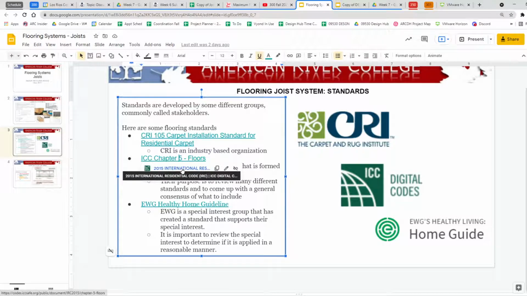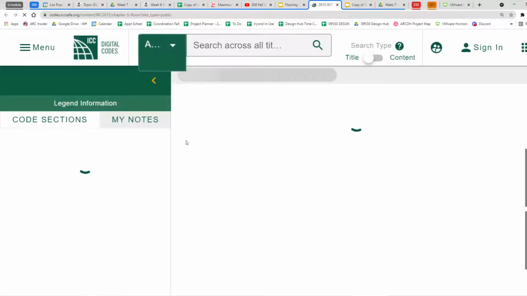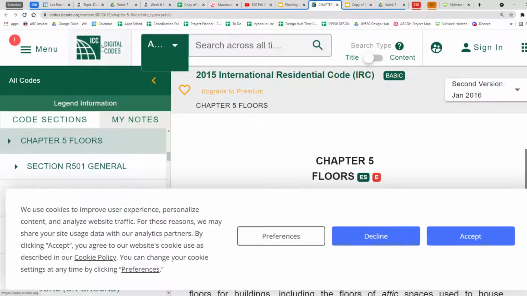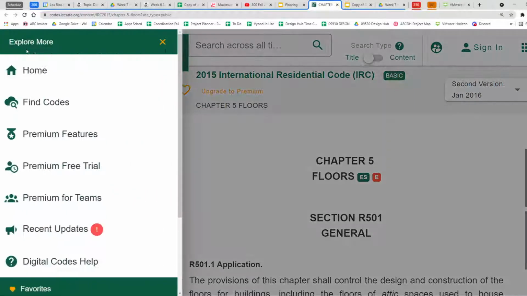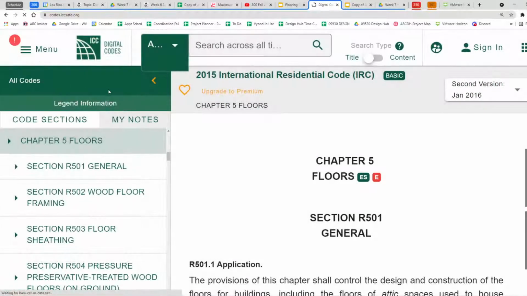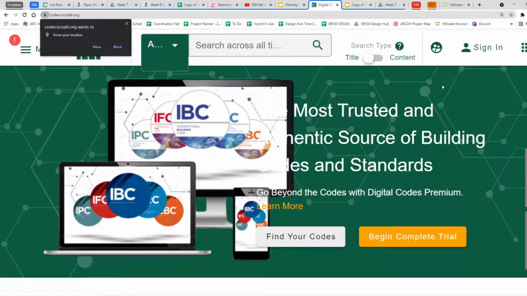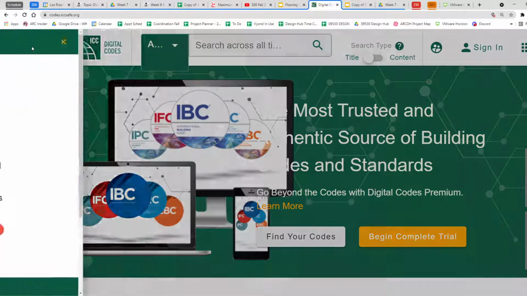And so you've been into this group before. ICC. Okay, digital codes are part of the International Residential Code. And we've been looking at this one, right? So you can go over here to their home and find out about them too. Somewhere. They're not as easy to find stuff in.